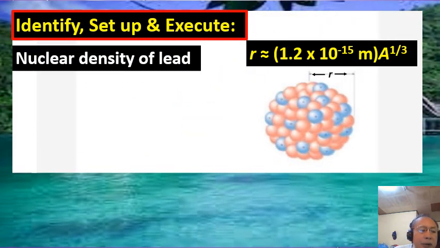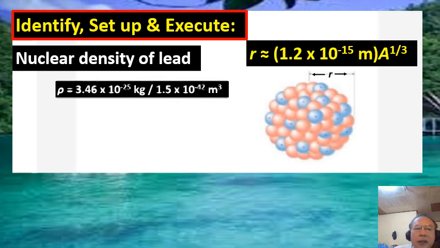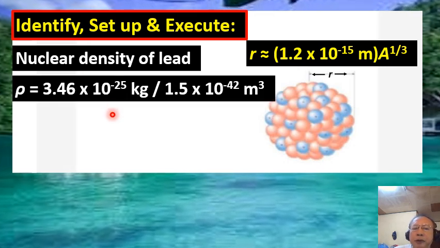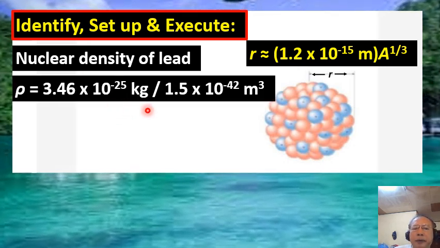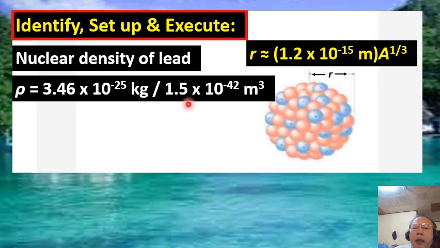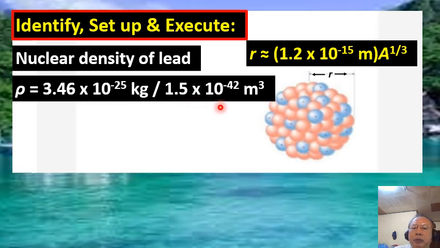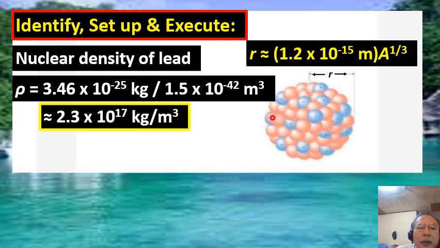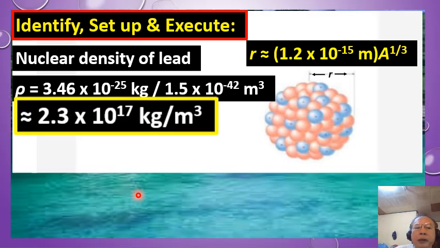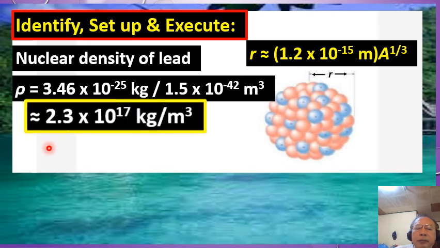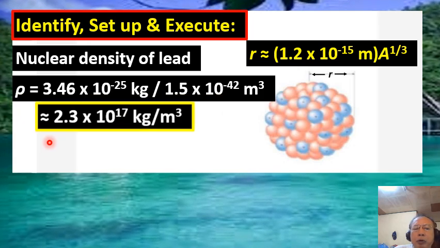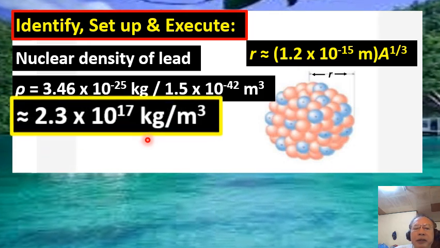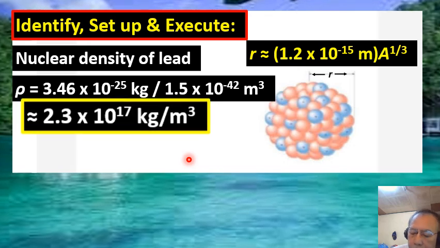For the lead atom, we have the density equal to 3.46 times 10 to the negative 25 kilogram divided by 1.5 times 10 to the negative 42 meter cube. Simplifying that, we find the nuclear density of lead equal to 2.3 times 10 to the 17 kilogram per meter cube.